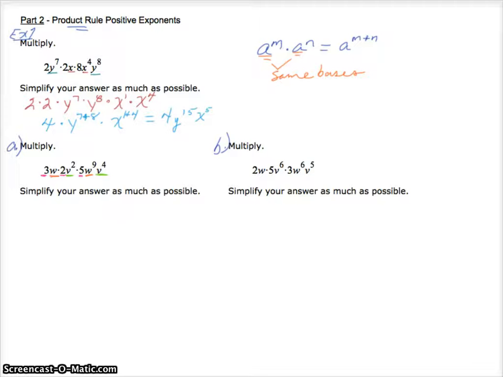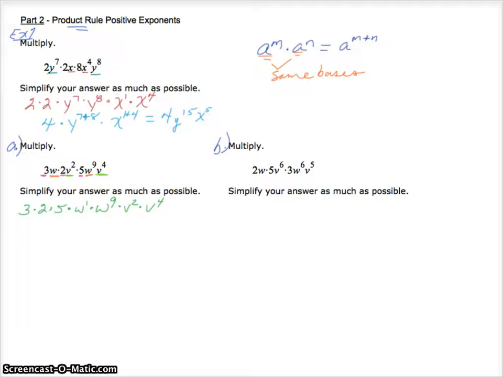So let's rearrange these guys. I've got 3 times 2 times 5 times w to the 1st power times w to the 9th power times v squared times v to the 4th.